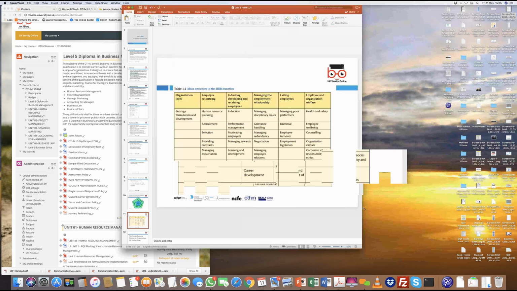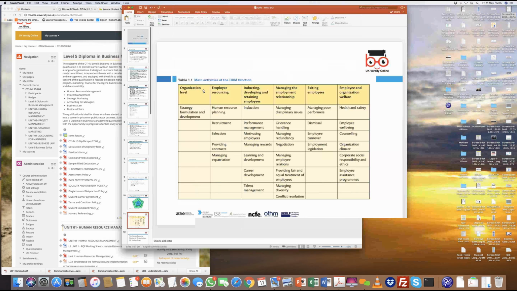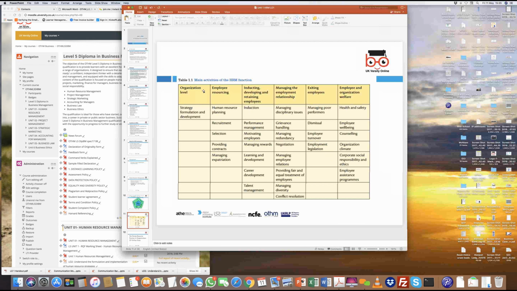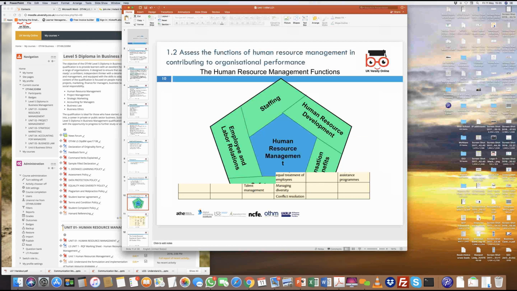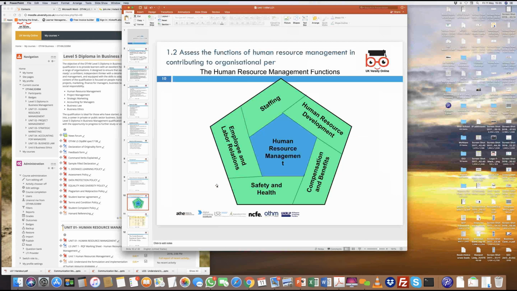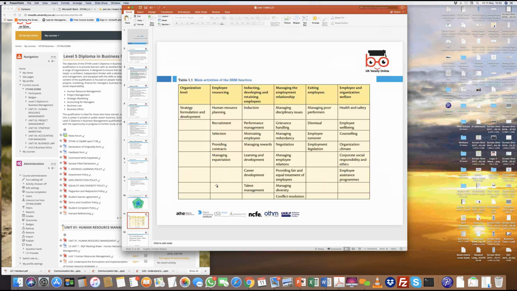Yeah. And this is what I've detailed out in this particular slide, which breaks down these core functions into different levels of the organization. So what is the role of HR at the management level? When I say management, I mean the chief executive, the managing director, the board level.